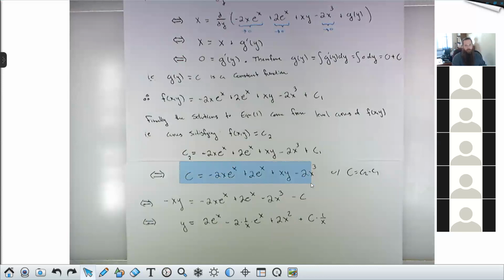So from here to here, I subtract the c over, and I subtract the xy over. Everything else stays the same. And then from here to here, I divide both sides by negative x. The sign of this last term doesn't actually matter. We could have left that as a minus, but we did have to change the signs of all the others. Just divide by x, you get this. Divide by x, you get this. Divide by negative x, you get this.